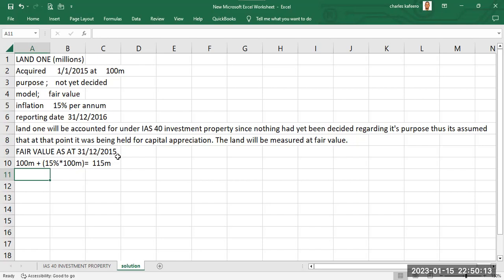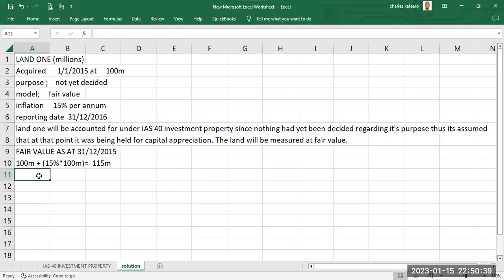We are not going to put these figures in our financials, because the financials we are going to be preparing are for the year ended 31st December 2016, meaning that if the year is ending 31st December 2016, it must have started 1st January 2016.